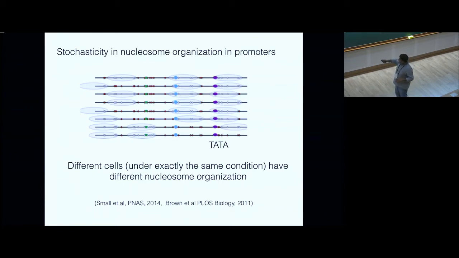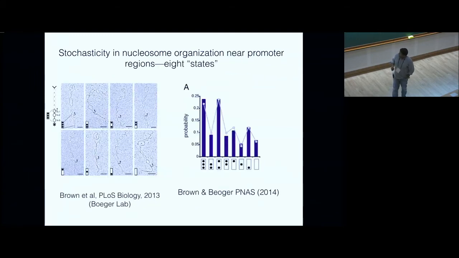These 2 other regions, colored green and blue, are also protein binding sites. Those are also crucial, and in some cells they are covered and in some they are open. So under the same condition, different cells show different nucleosome positioning, which means there is stochasticity in nucleosome organization.